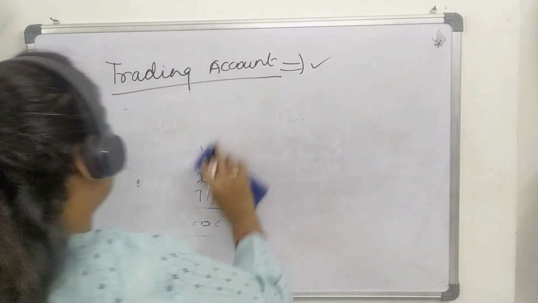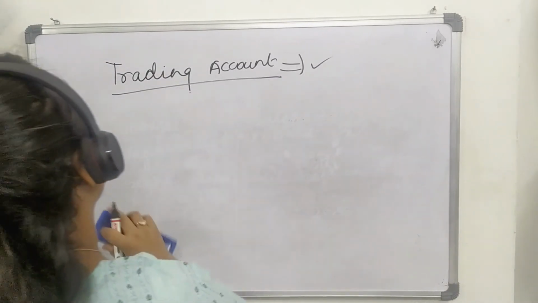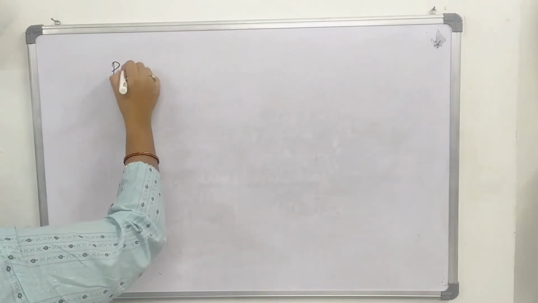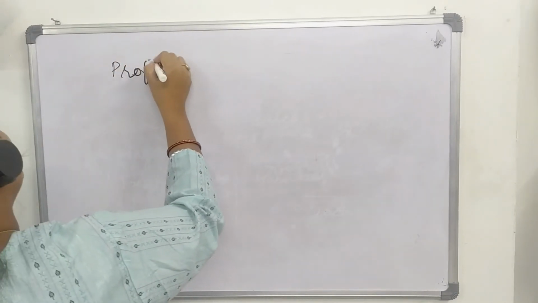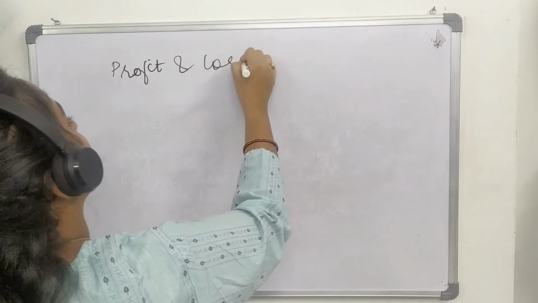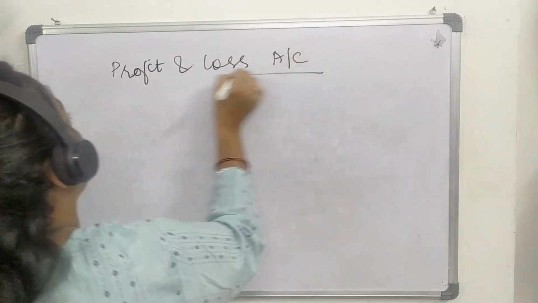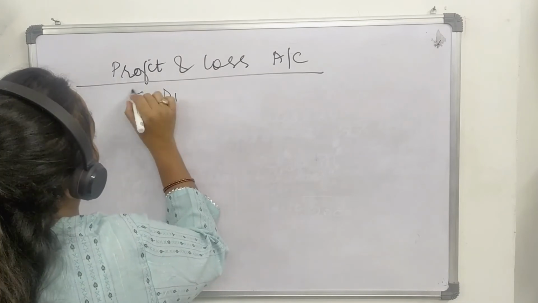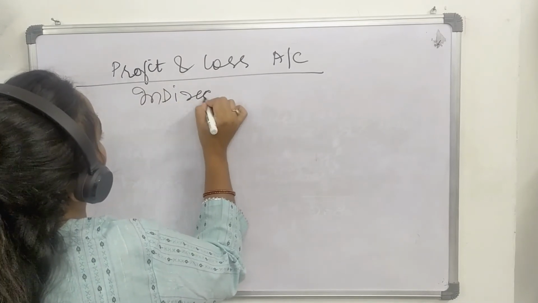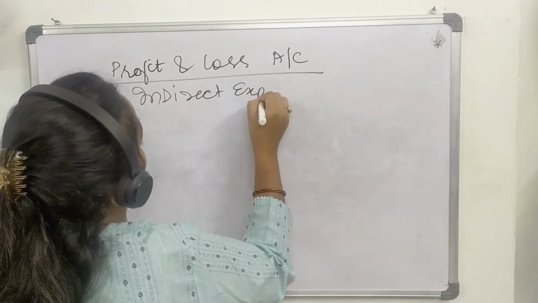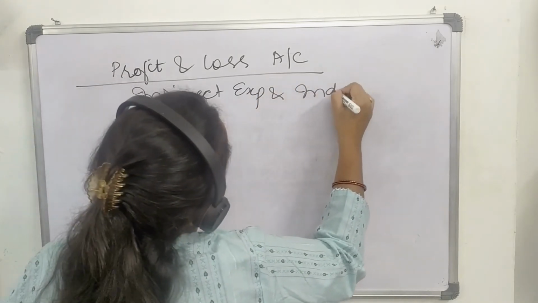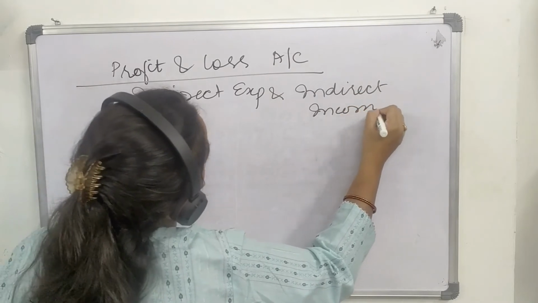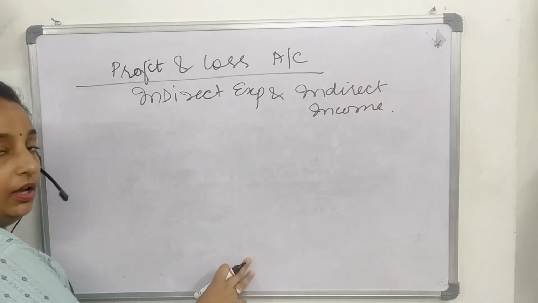Now, moving to the next step of the cycle, we have the P&L account, meaning profit and loss account. What is this for? Here, the indirect expense and indirect income are recorded.